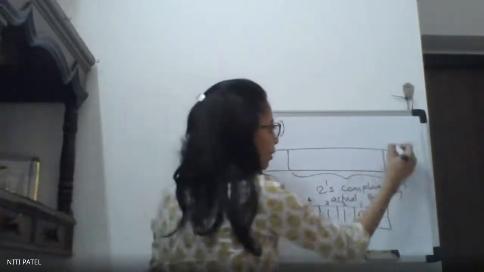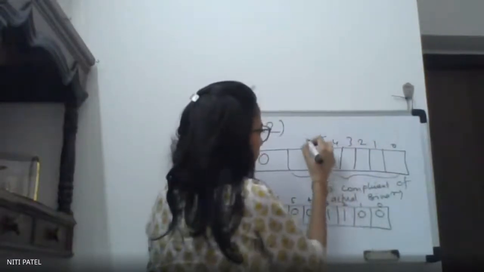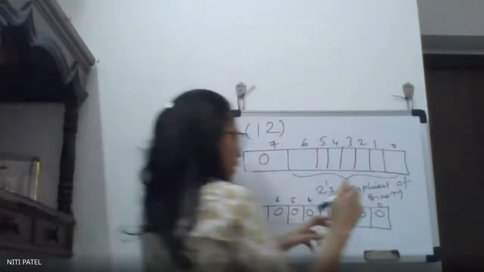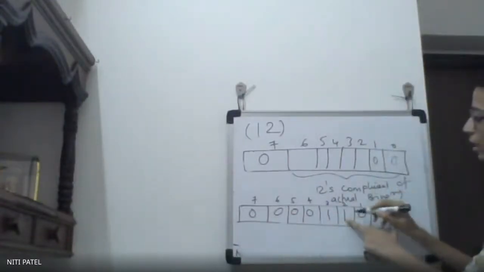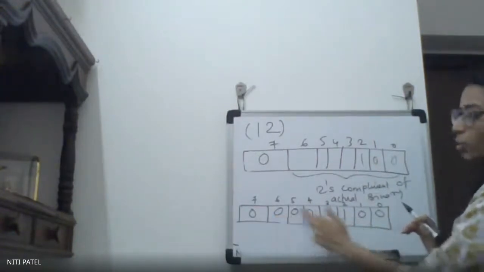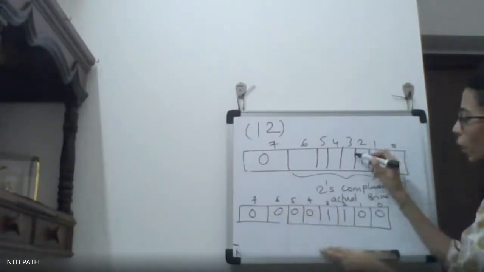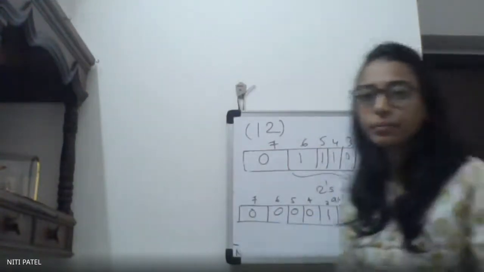So let us write. How do you calculate? 0 as it is, 0 as it is, until the first 1 as it is. After that, you have to replace 1 with 0 and 0 with 1. So just check, is the answer correct?